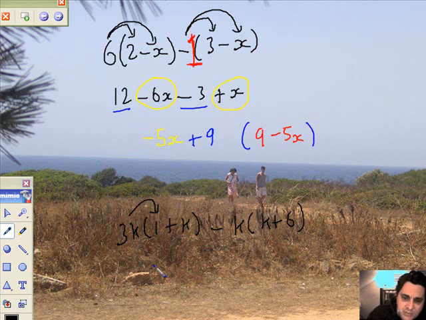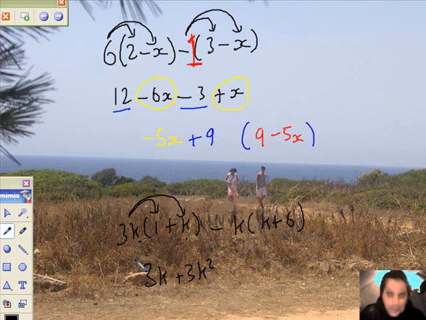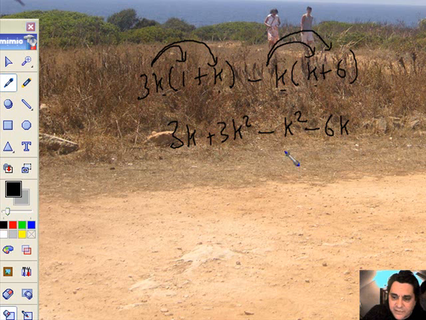Well, 3k multiplied by 1 just leaves me with 3k. 3k multiplied by k, well, k times k is k squared, so it's plus 3k squared. Left part of the expression done. Watch out, it's minus k times k, which becomes negative k squared. And minus k times 6 will be minus 6 lots of k.